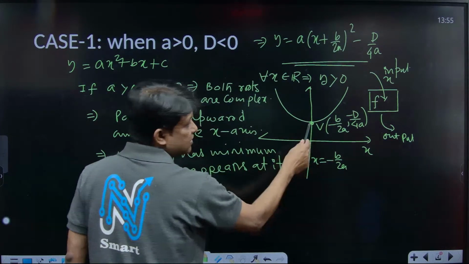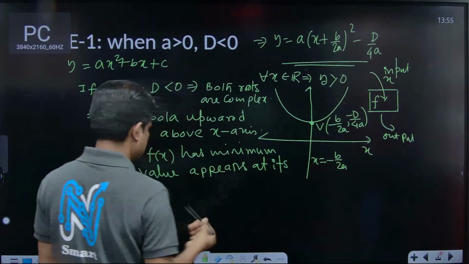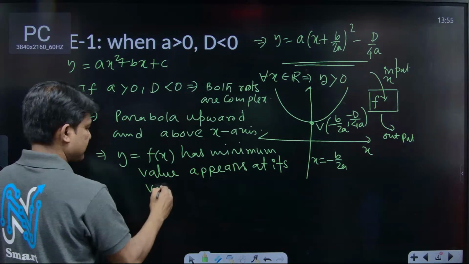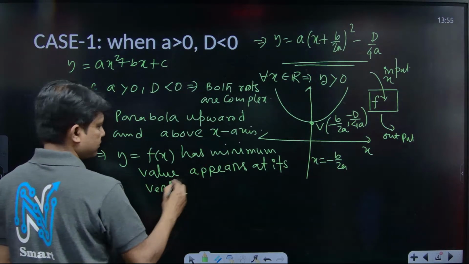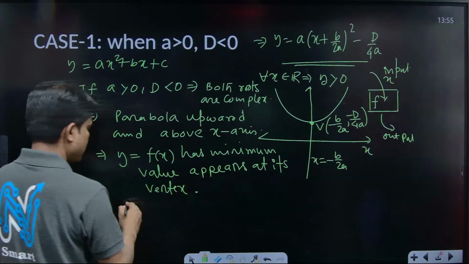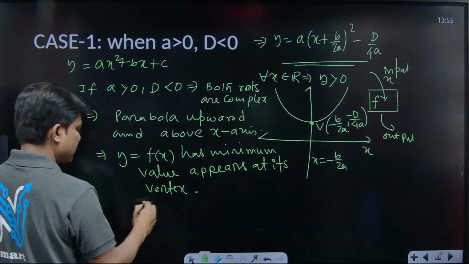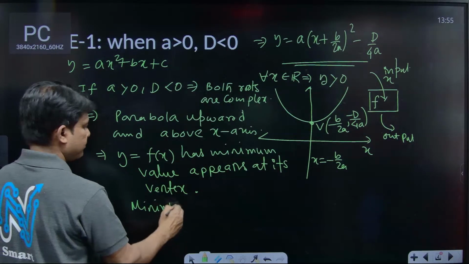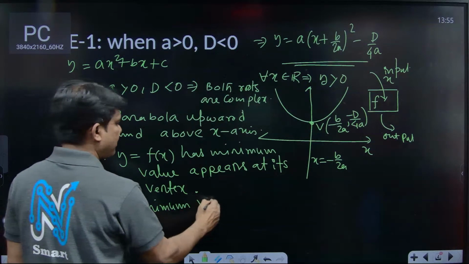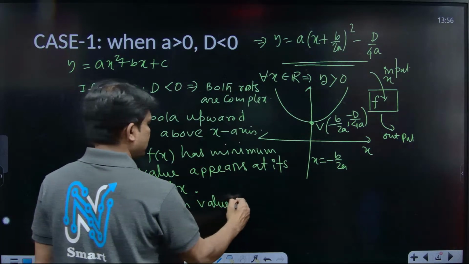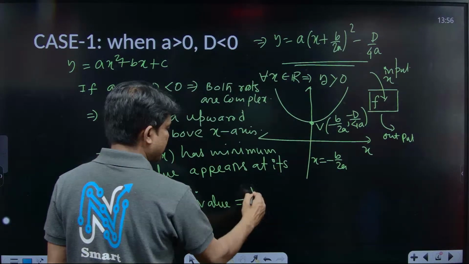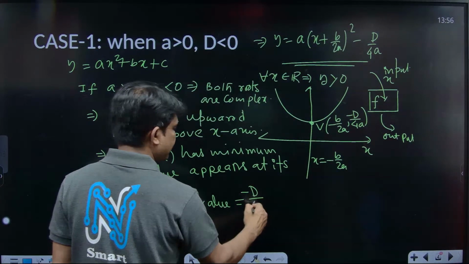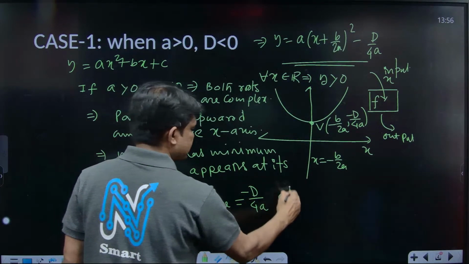What is the minimum? It is the ordinate of the vertex. That means the minimum value y minimum equals minus discriminant by 4a. Where is it minimum?